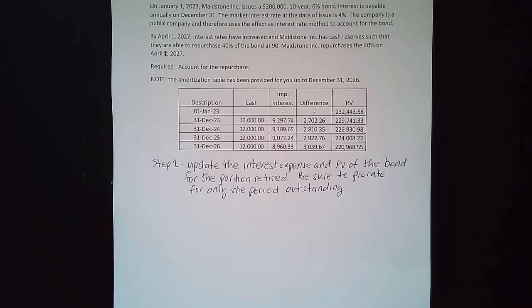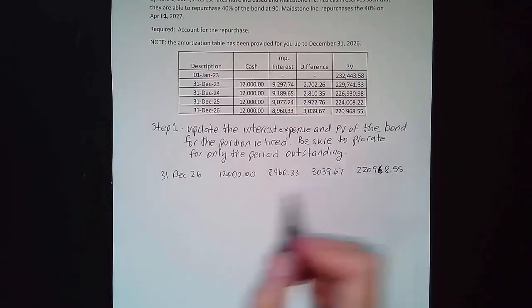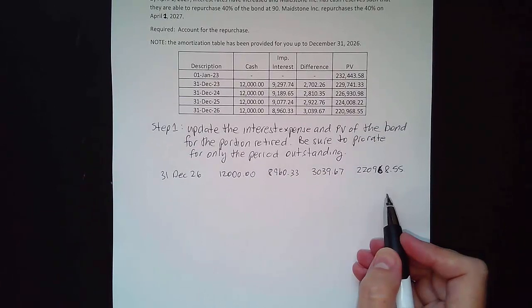Now, the simplest way to do this is to divide the value at December 31st, 2026 between the 60% that will continue in the future and the 40% that will disappear. So I'm going to copy the December 31st, 2026 line from the amortization table. I'm going to move my paper up. So I've copied the line from the amortization schedule.